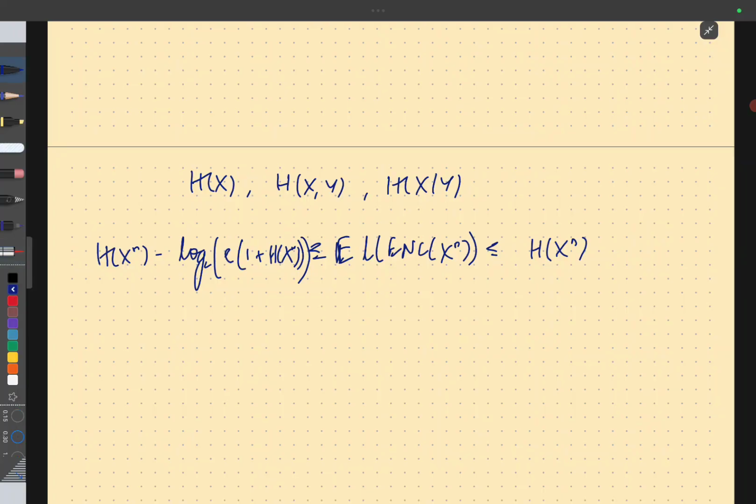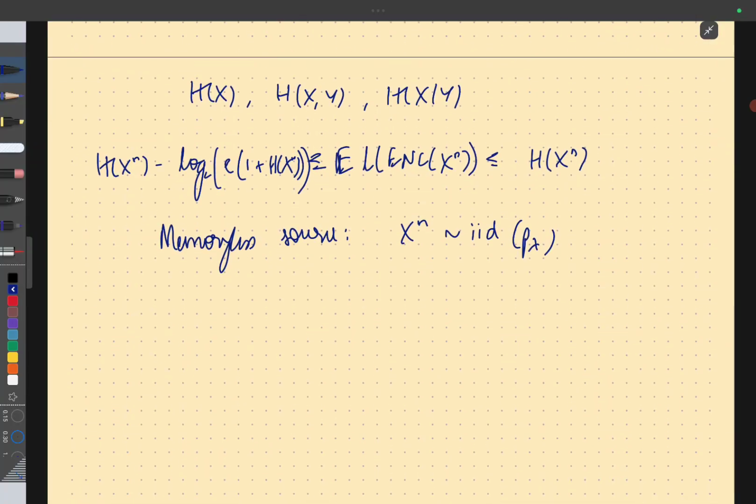So in other words, if we look at this asymptotically, in particular if we look at what is called a memoryless source, where the X_i's are all independent and identically distributed, where X^n is IID P_X, the lower and upper bounds essentially translate to: expected length of the encoding of X^n is less than or equal to n times the entropy of X_1, which is n times the entropy corresponding to P_X.